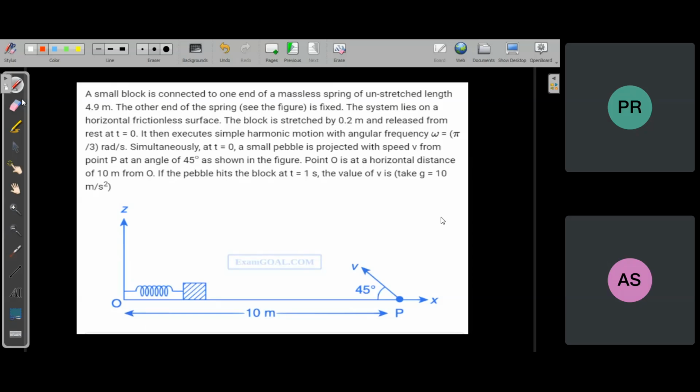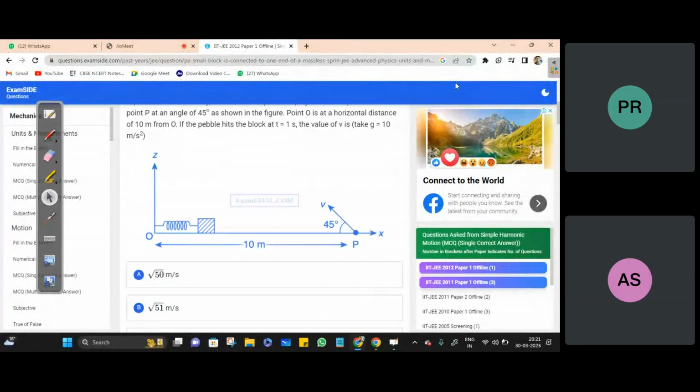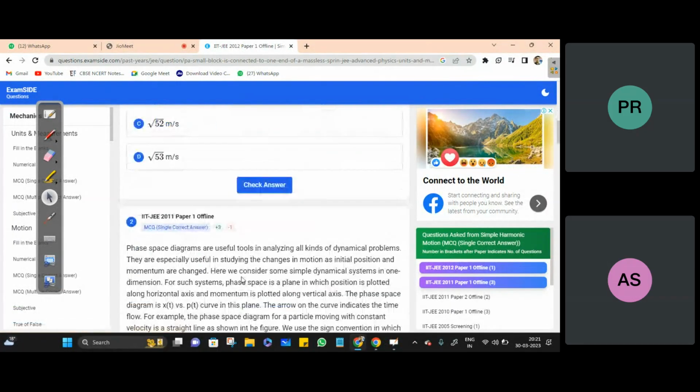Which formula? Time of flight of projectile we can apply. So 2u sin theta by g. Yes, yes. So this question, no need to apply any concept of SHM. Directly you can apply it for the vertical motion of the stone. That's it. That is, you will get the correct answer.